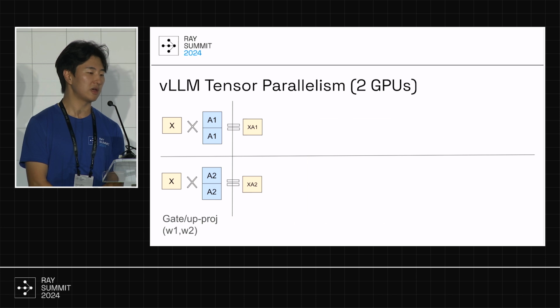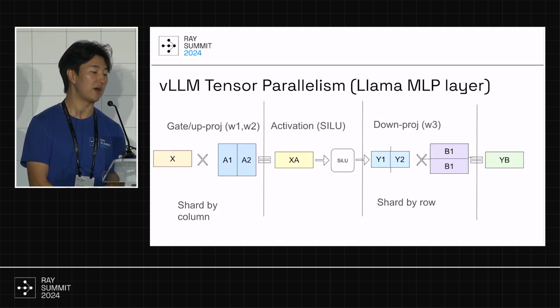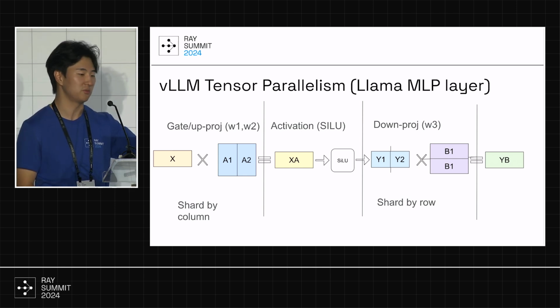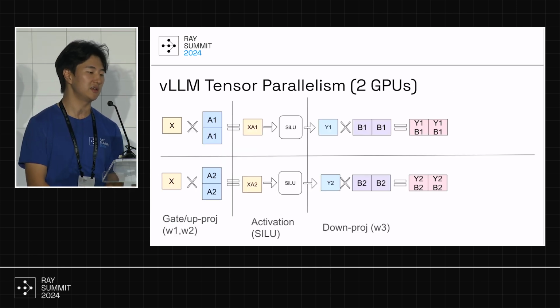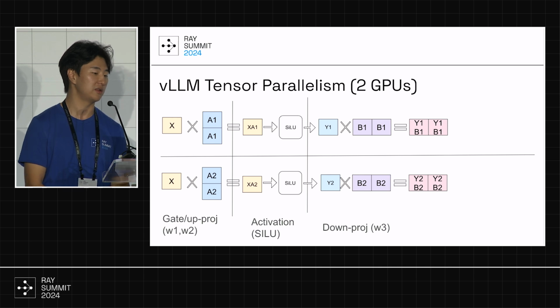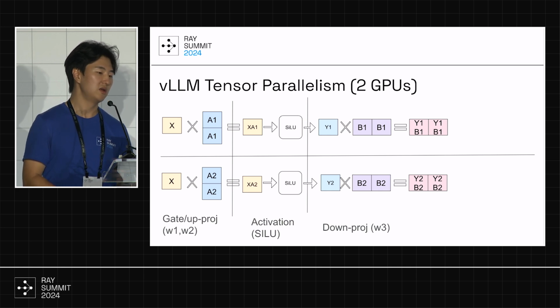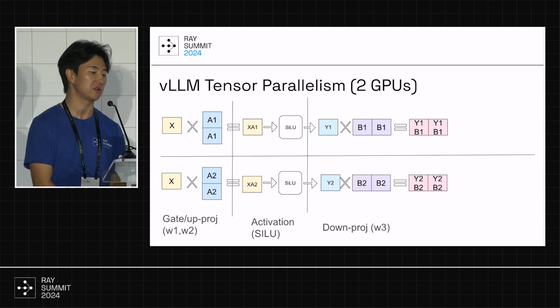If you look at the previous slides, Y1 needs to be multiplied by B1. There's a typo, but Y2 has to be multiplied by B2, which is the bottom part of the matrix. You can see Y1 and Y2 are already naturally split by column, by the column-based sharding of the first gate and up projections, which means you don't need any additional communication overhead here, and you can directly multiply with the different rows B1 and B2.